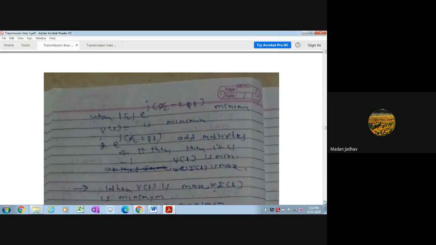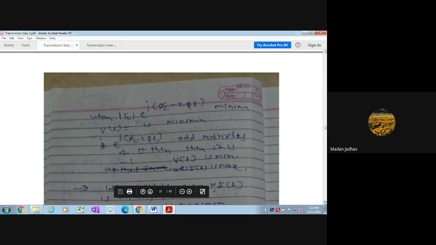Now this is because of the phase changing. For odd multiples of pi, V of L is the minimum. Odd multiples of pi means pi, 3 pi, 5 pi, 7 pi. For these phases, you will get the minimum voltage, and at the same time the current is maximum.